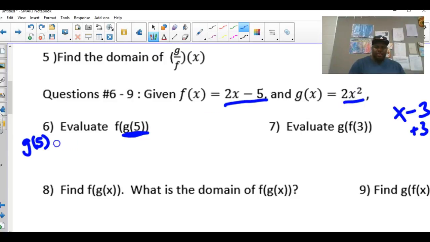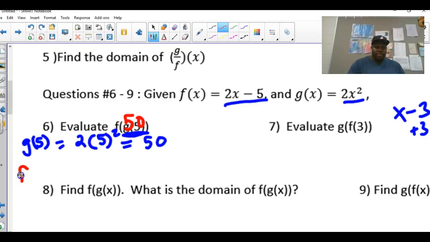So we have 2 times 5 squared. Well, 5 squared is 25, and 25 times 2 is 50. So now we take this answer right here. We know that g of 5 is 50. So that means we're going to evaluate f of 50. All right.